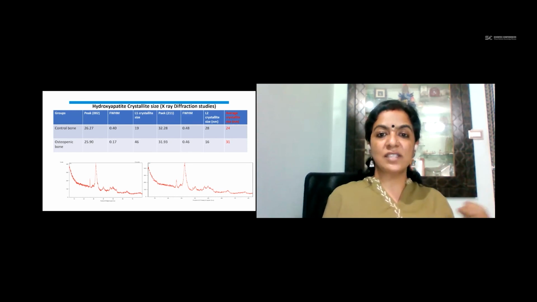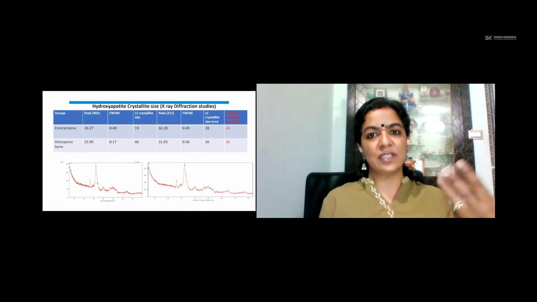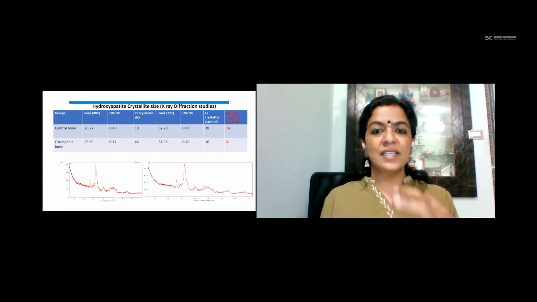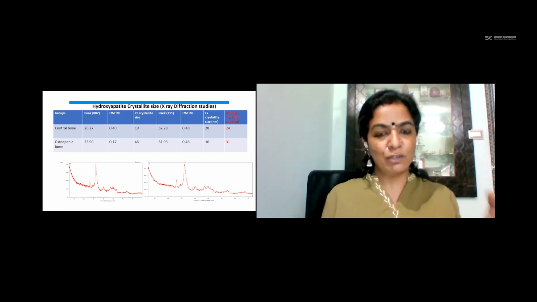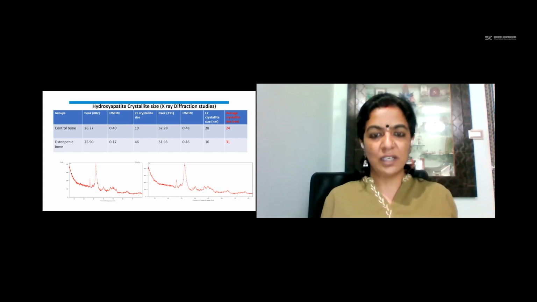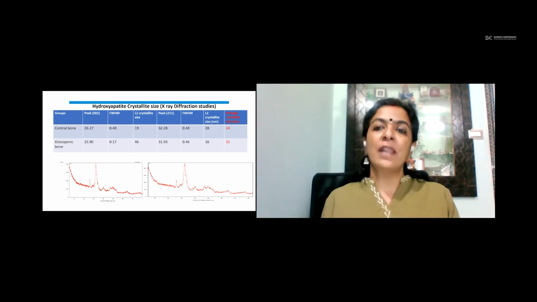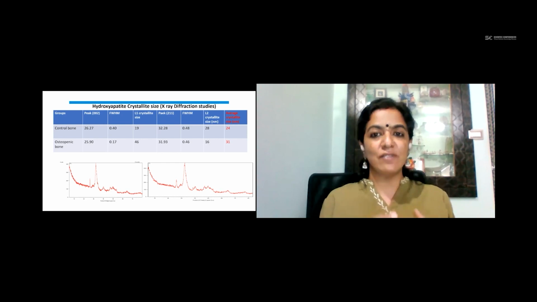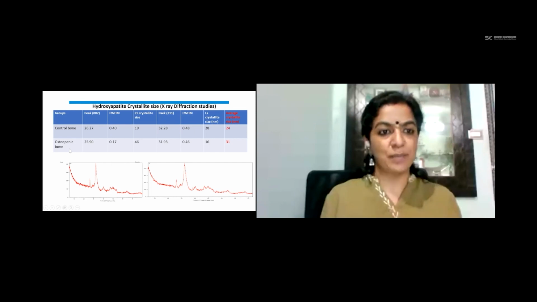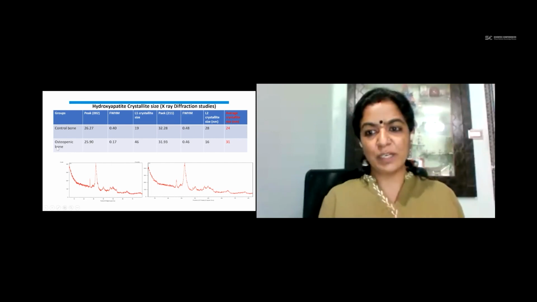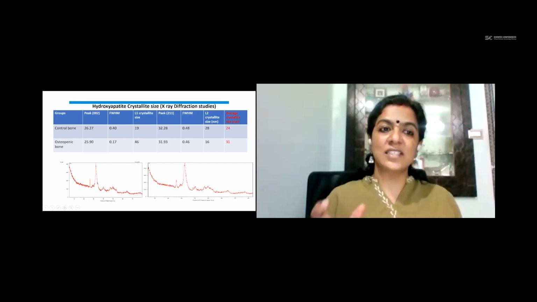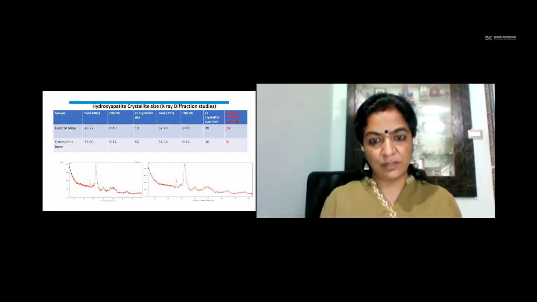And once the model was established, we took out the bones and did X-ray diffraction studies to evaluate the crystalline size, which I told you initially is one of the quality parameters. One of the parameters was the crystalline size, and if you compare the crystalline size of the hydroxyapatite crystal of osteopenic bone, it increased in comparison to the control bone.